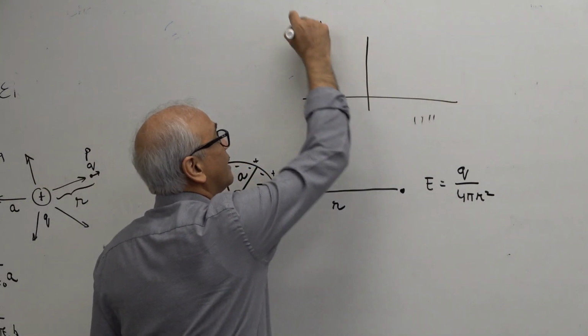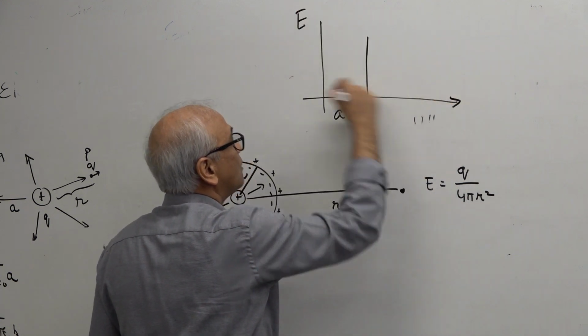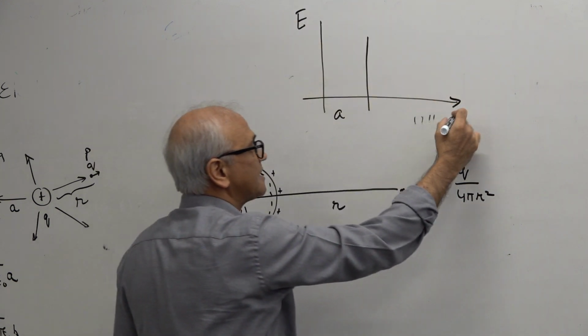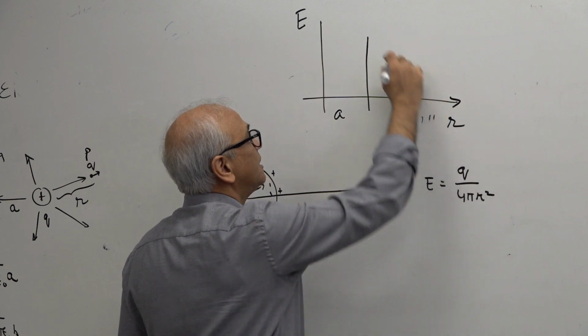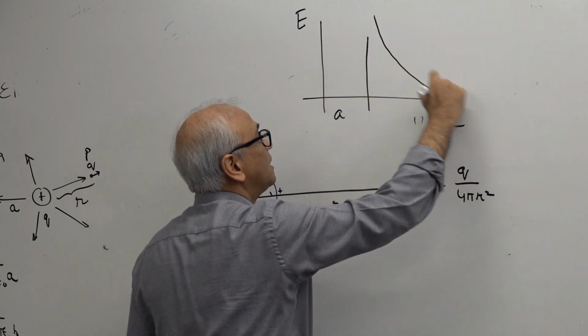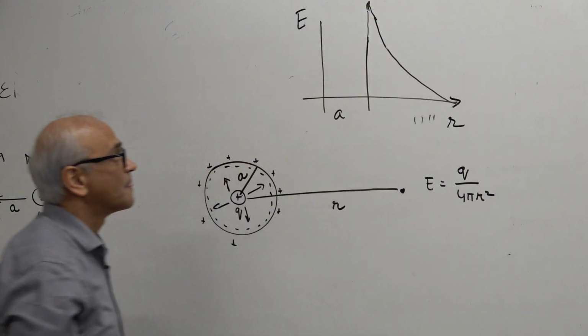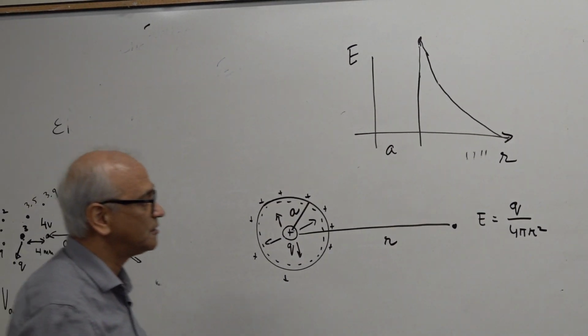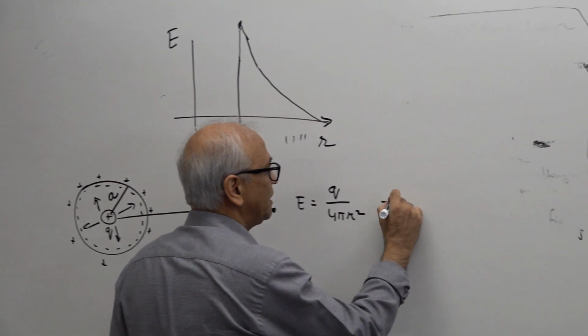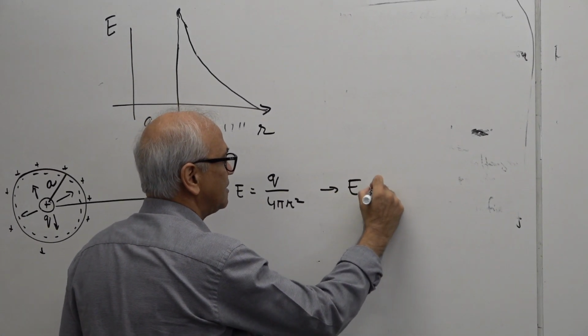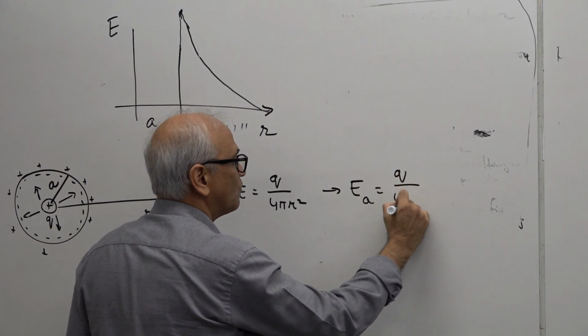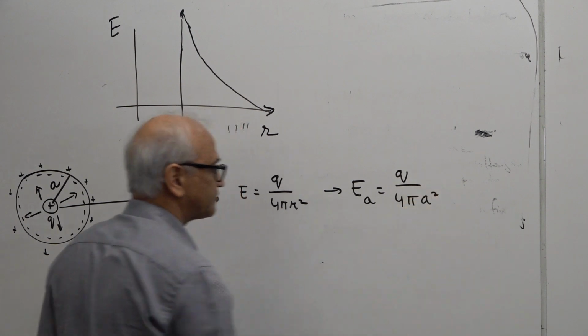My electric field is on the y-axis, and the x-axis is the distance r. And the electric field will go up as I come close to the radius. So this is my highest point over here. So E at point a would be Q over 4 pi a squared.